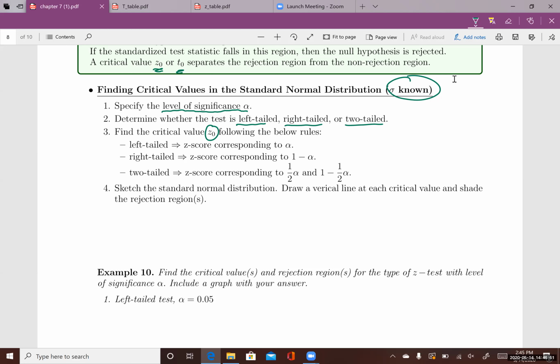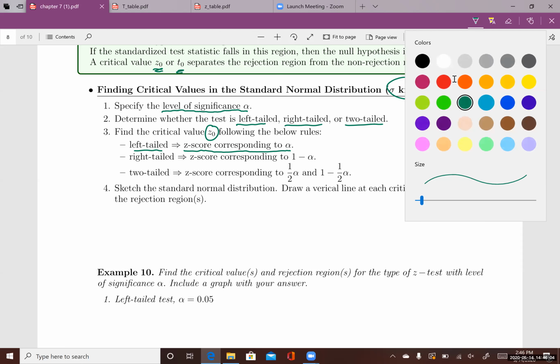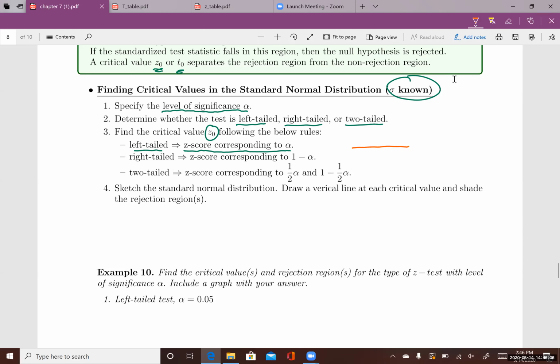If your test is a left tail test, then the z-score corresponding to alpha is the critical value Z0. So if you have a left tail test, then this is alpha, and this value right here, the z-score that corresponds to alpha, will be your Z0.